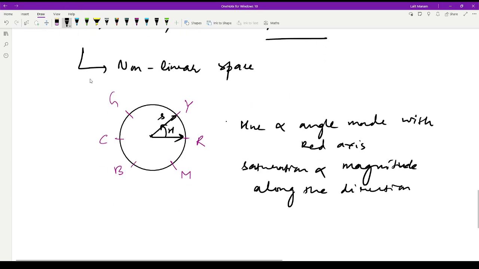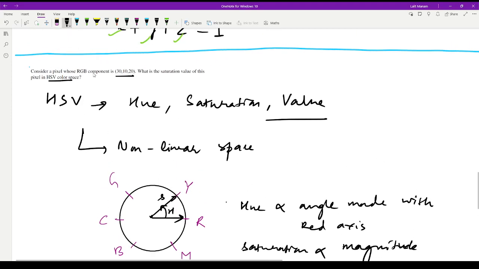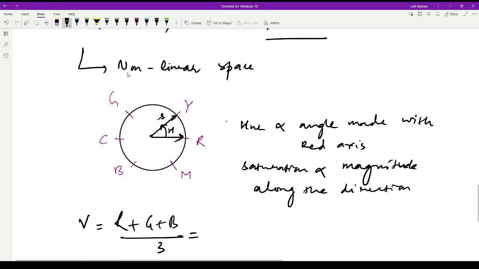Okay. So if you remember, how do we calculate value, V? Just take the average of the three channels that we have, which is 30, 10, 20. Which gives us what?